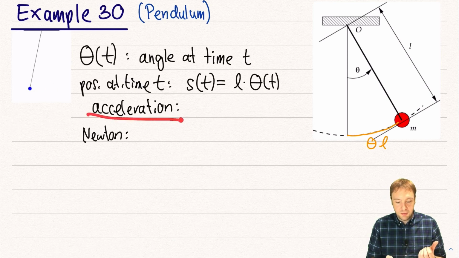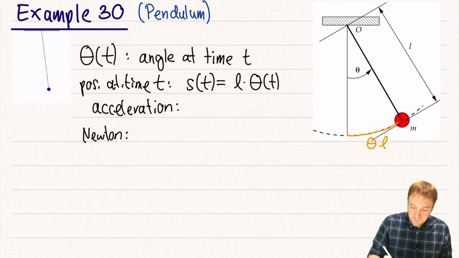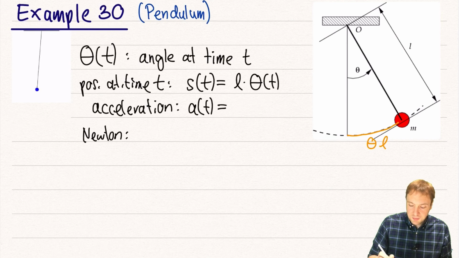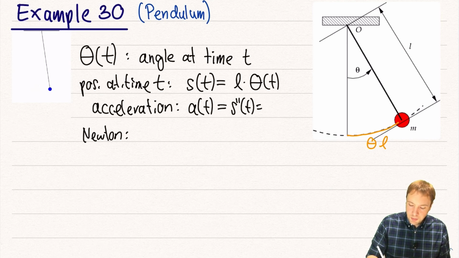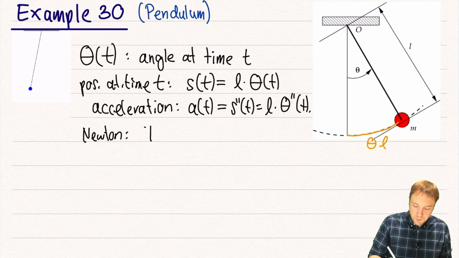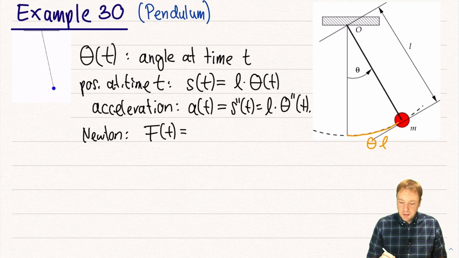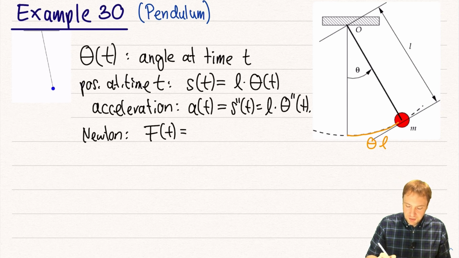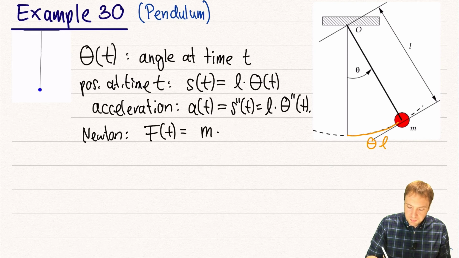In other words, it describes the acceleration, and therefore the acceleration a of t is given by the second derivative of the position, which in this case is L times the second derivative of the angle. And now by Newton, we know the force at time t is given by mass times the acceleration, so this is m times a, and in this case it's m times L times the second derivative.